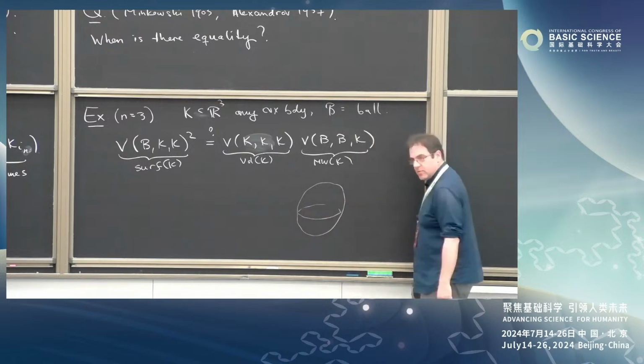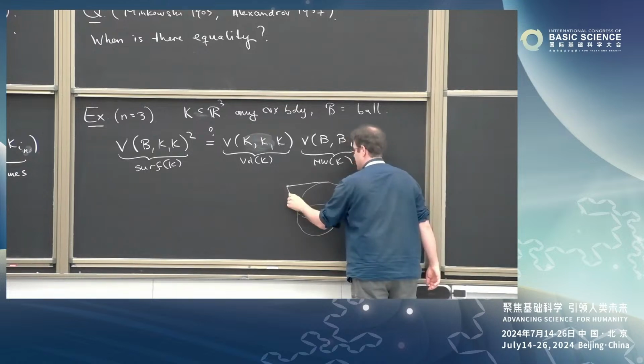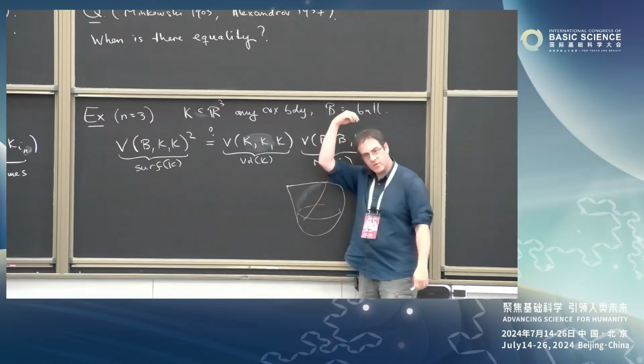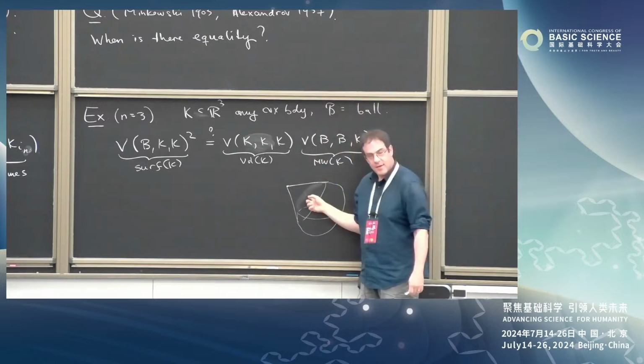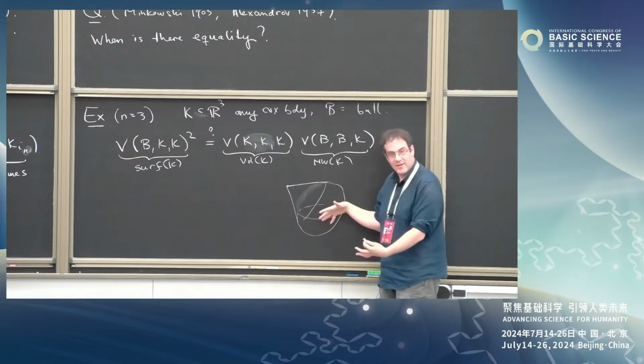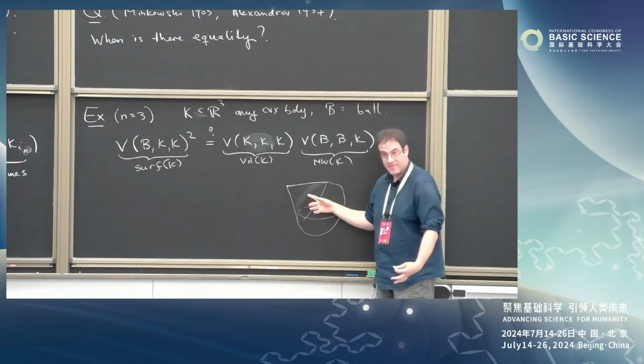Want to make it wider, what do I do? I take a point out, and I take its convex hull with the ball. It looks like a party hat, you know, those little hats. I can rescale to volume 1 and increase the mean width.